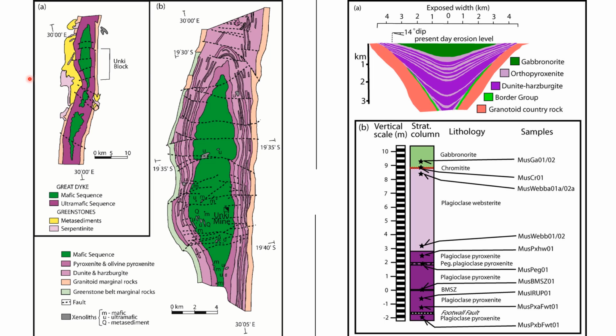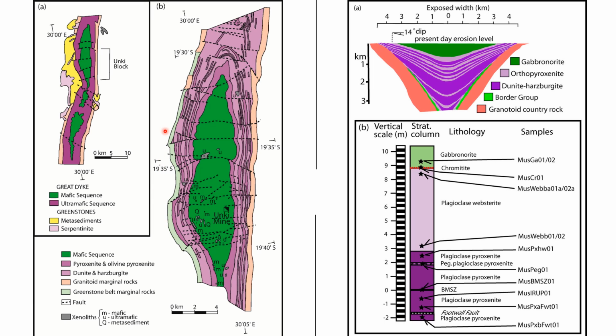So we can see the ultramafic and mafic sequence here, the mafic sequence in green and the ultramafic sequence in purple. And also here we can see the greenstone belts. So in these two images here, we can see the greenstone belts. The greenstones in this A side will be the yellows and the purples. And over here, the greenstone belt marginal rocks are going to be this green stuff here.